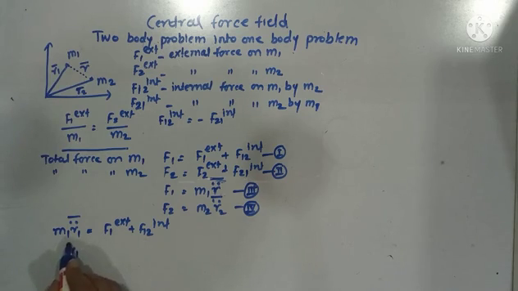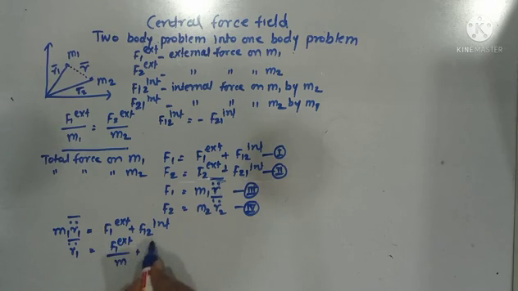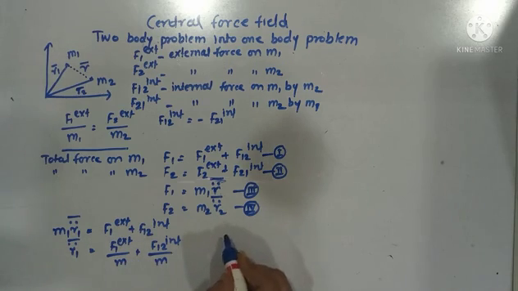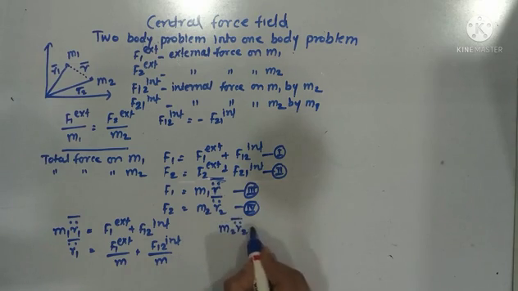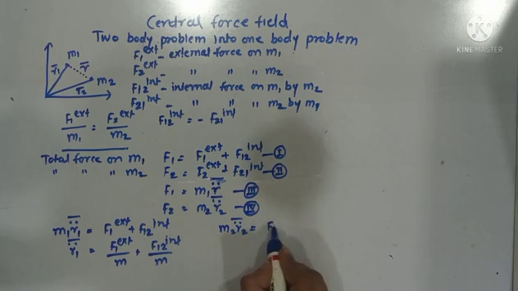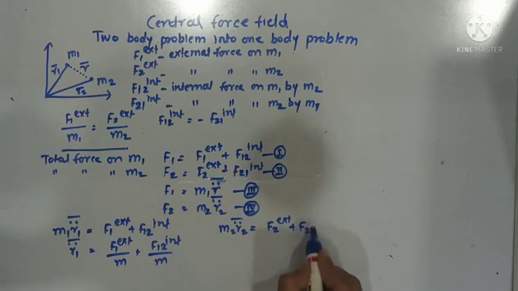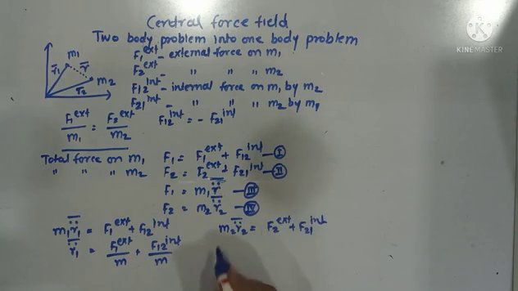Or I can write F1 external dividing by M1 on both sides, and I can similarly write the equation for the other particle as M2 R2 double dot is equal to F2 external plus F21 internal.